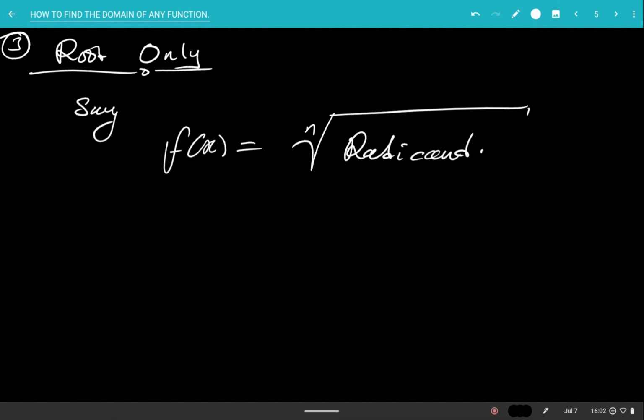Whenever we want to find the domain, we have to set the radicand to be greater than or equal to 0, because under the root we're trying to make sure that we don't get negative numbers. Whenever you get a negative number under the root, the number system will change from real to imaginary. So let's put that in mind. Now we'll understand this with a few examples.